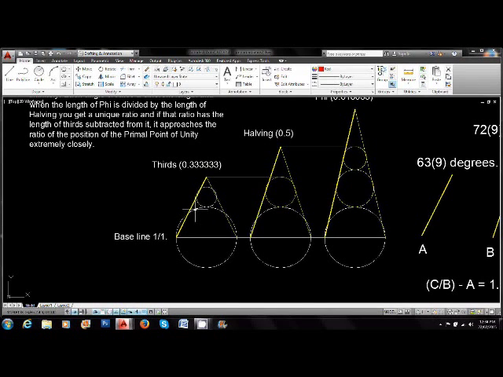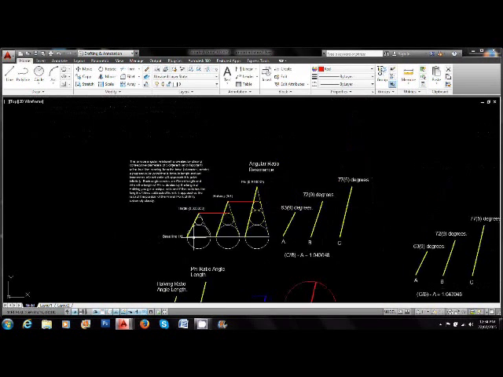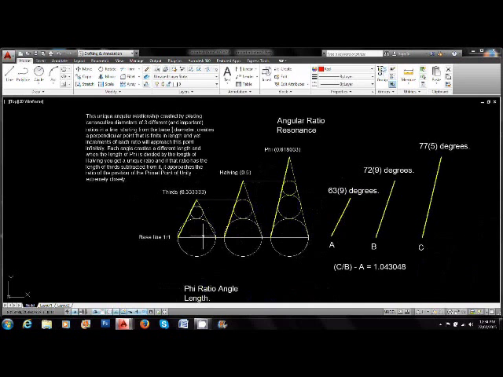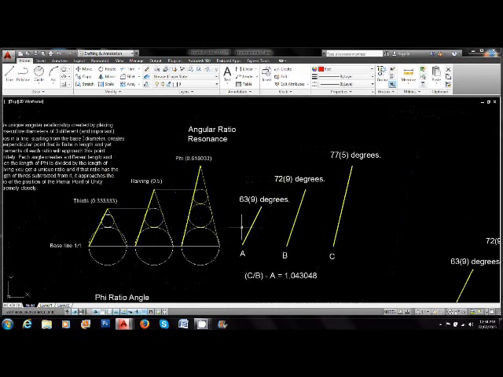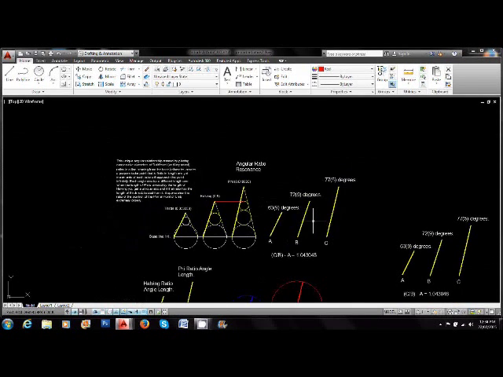I've then just replicated that circle and reduced it by thirds, and in this case halving, and in this case phi ratio 0.618, and you end up with a specific angle and length created from that ratio to the baseline. And here they are, they're the degrees, and the lengths.